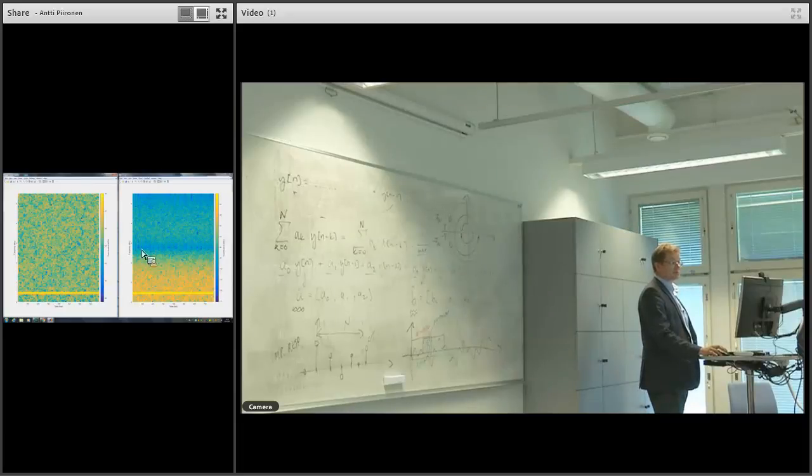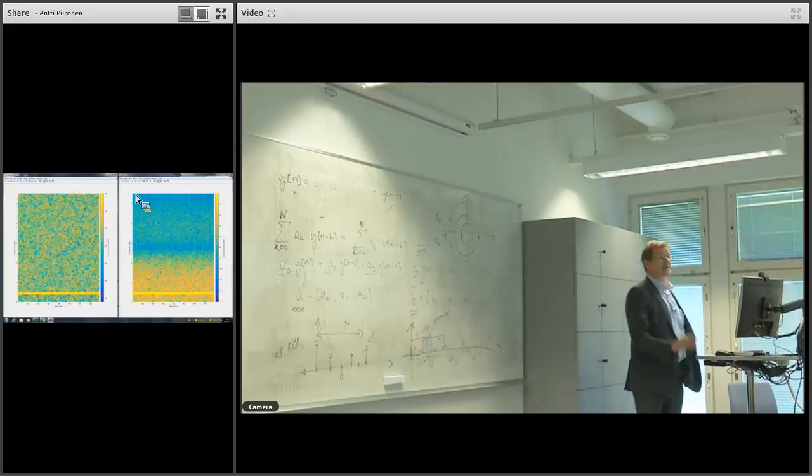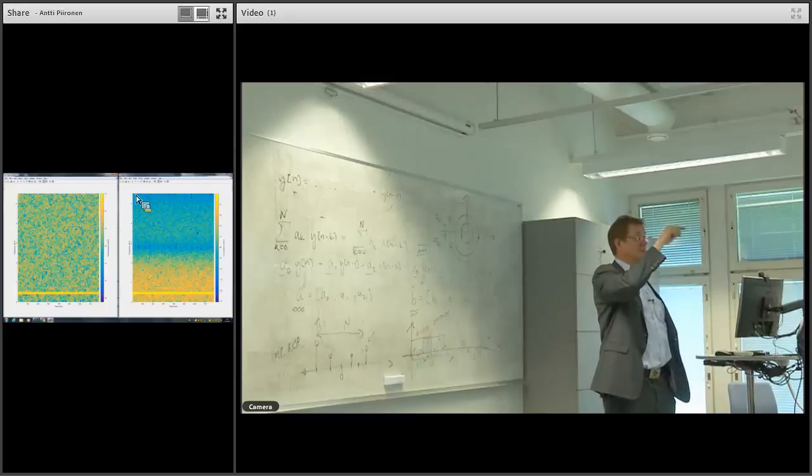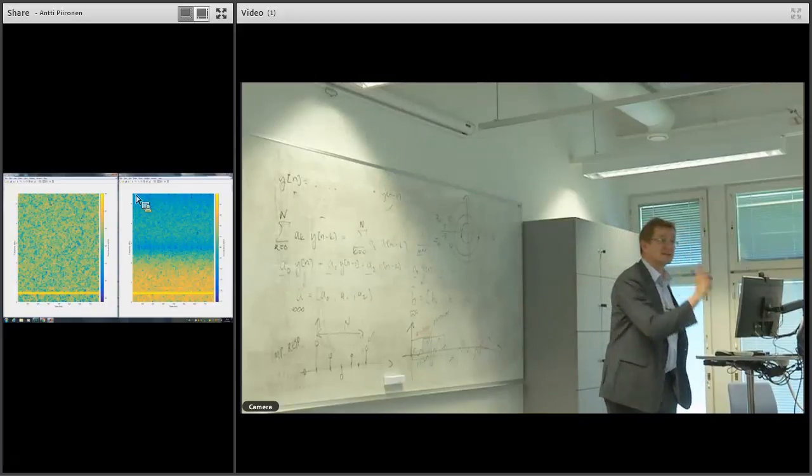Then there's that blue stripe, actually one blue stripe here and another there, which means low signal strength. They are basically those notches, the places where the filter response goes to 0 only at the exact frequency.